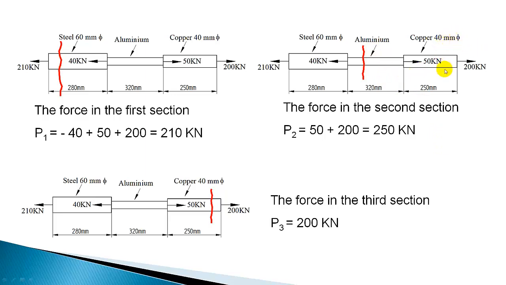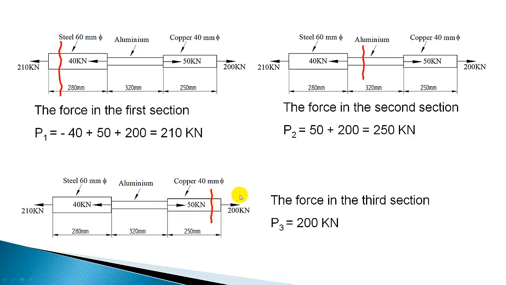Now let us go to the copper section and take a section plane there and see the forces on the right side. This force is not considered, it's applied at the junction, so it is not coming anywhere. If you take the section here also, this force should not be considered because the point of application is at the junction.